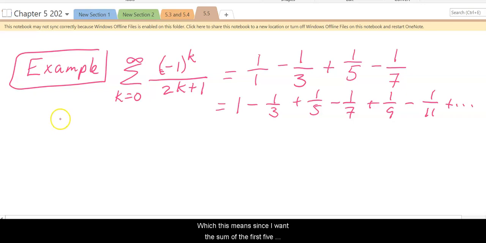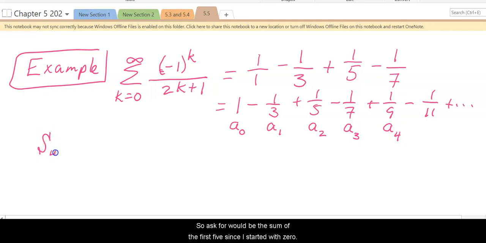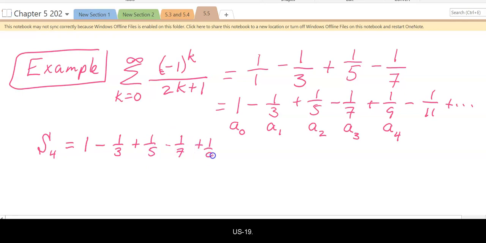Since I want the sum of the first 5 terms, the first one is a sub 0, the second is a1, the third is a2, the fourth is a3, and the 5th term is actually a4. So S4 would be the sum of the first 5 since I started with 0. This would be the number 1 minus 1/3 plus 1/5 minus 1/7 plus 1/9.